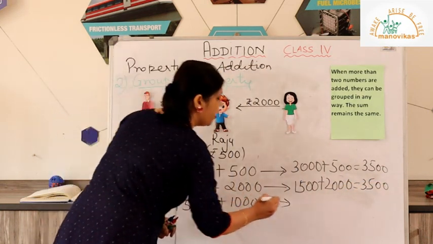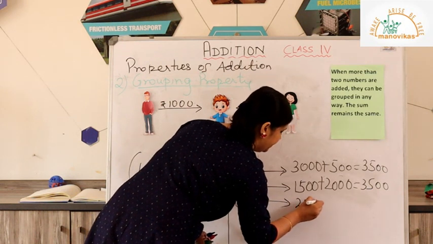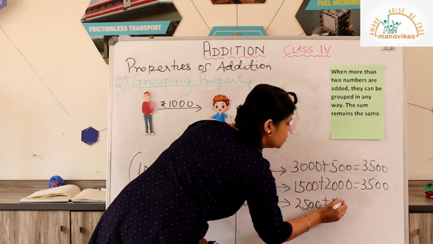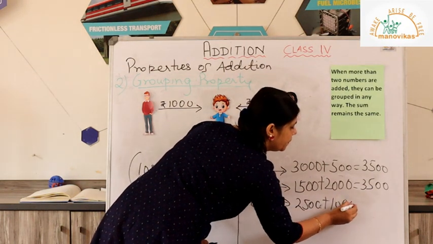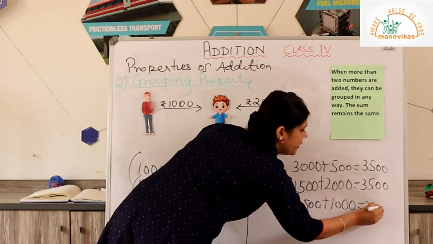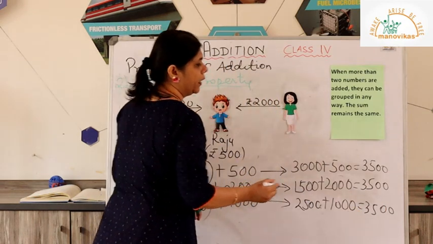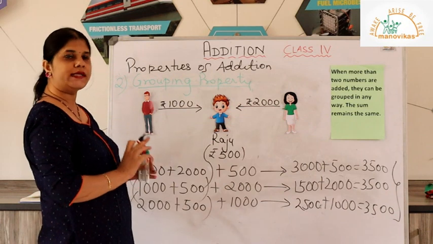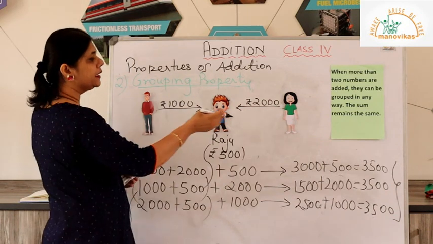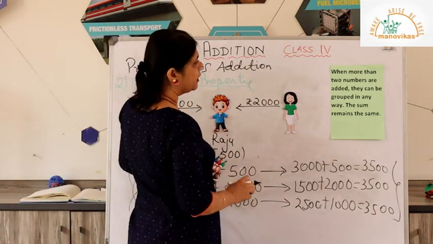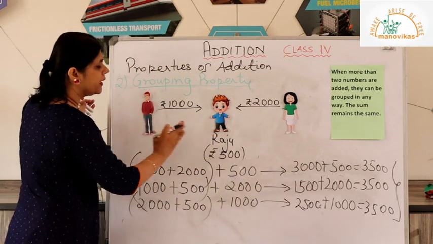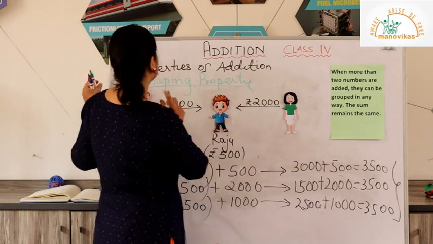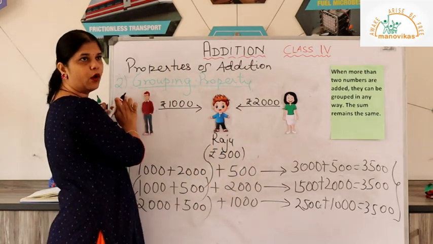And 2500 plus 1000 is 3500 again. So, in all the three cases again, you will see that Raju has collected how much money? 3500. So however I group the numbers, the answer does not change. This explains the grouping property.